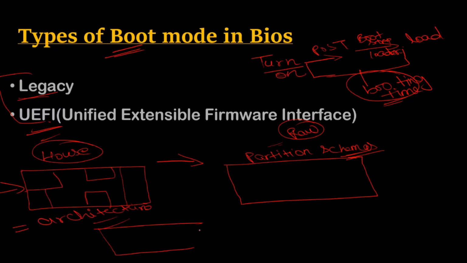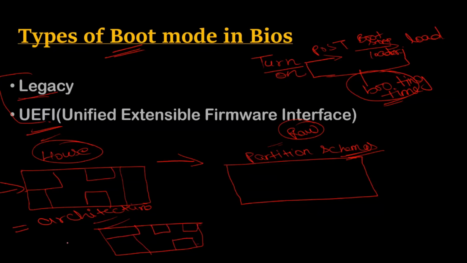If I want a space for an office, what can I do? Suppose I want some labs. This is my computer lab. This is my second computer lab, and there is some cabin area. Here we have one more cabin area. Here we have the restroom. So we have multiple things we can define.